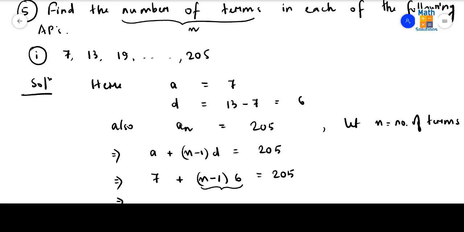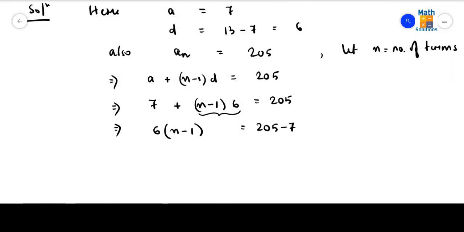That means this is an extra term 7 written here, so that has to be shifted to the opposite side. 6 into (n minus 1) is equal to 205 minus 7. So after this, n minus 1 is equal to 198 divided by 6.